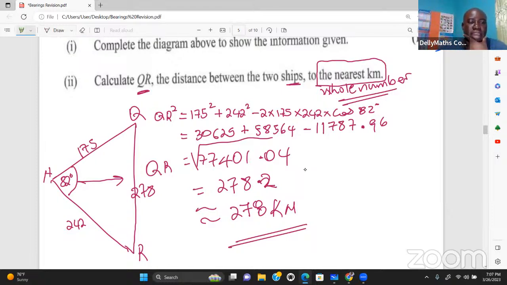You realize that you have everything in the corner H, meaning you have an angle between two sides at H right there. So you were able to use the cosine rule to just ease yourself out, all right? Collecting full marks right there with your working. And this last piece of response is very important because they did say to the nearest kilometer, which means to the nearest whole number, right?